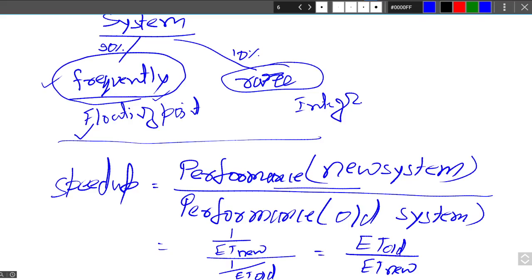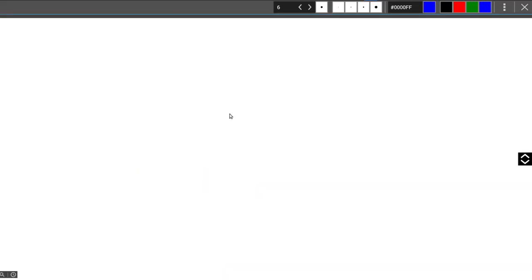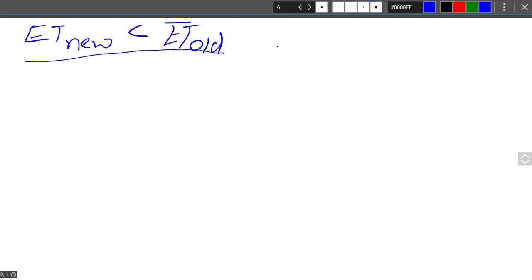We should also understand that the execution time of the new system will be less than the execution time of the old system. Why? Because we have enhanced the system. If this holds, then only can we say that enhancement has taken place.